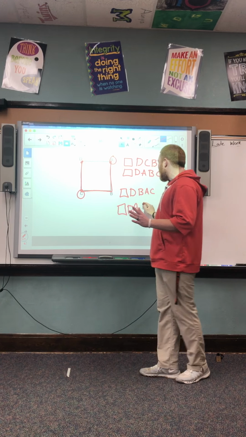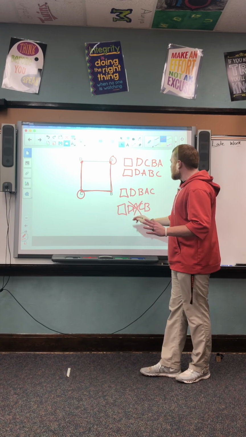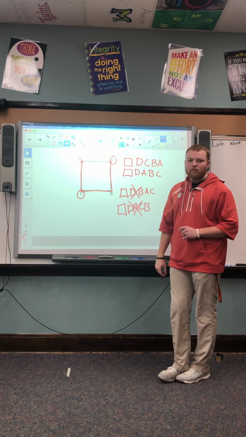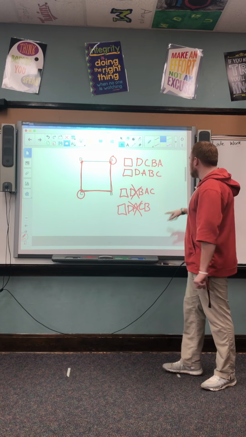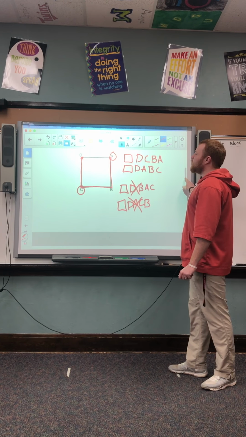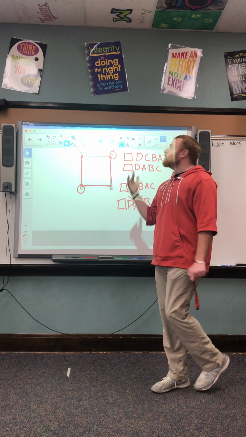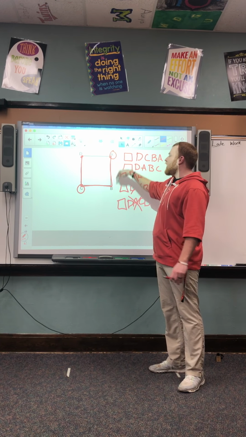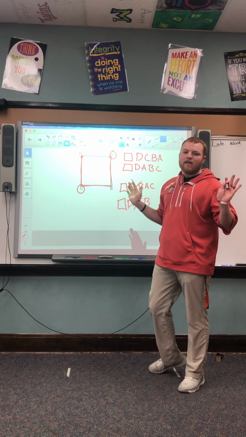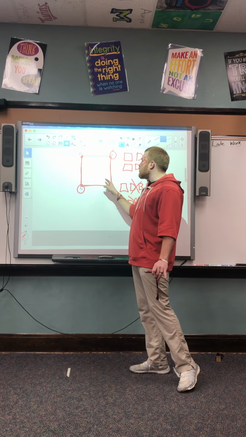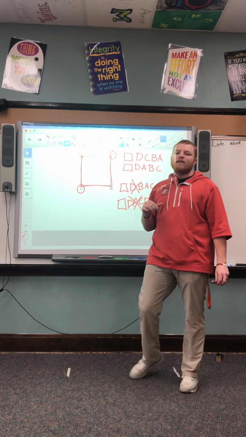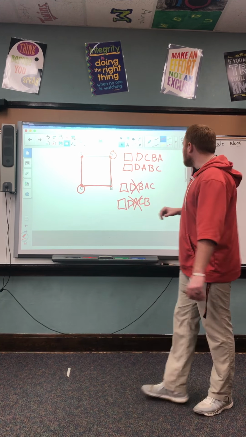The segments have to be connected to each other, so watch out for that. But your starting point doesn't matter. You could say this square is ABCD. Absolutely can say that. Just don't connect two points that aren't connected by a segment.